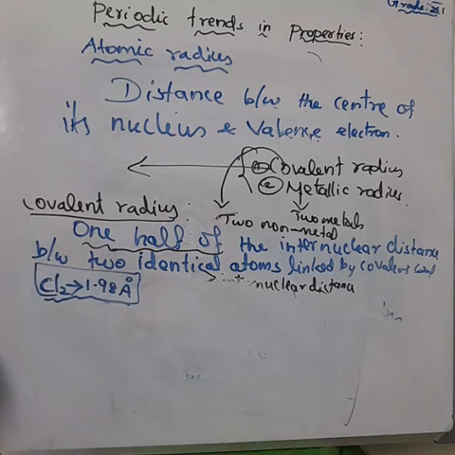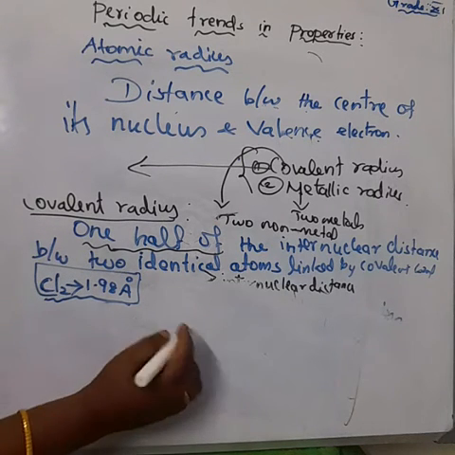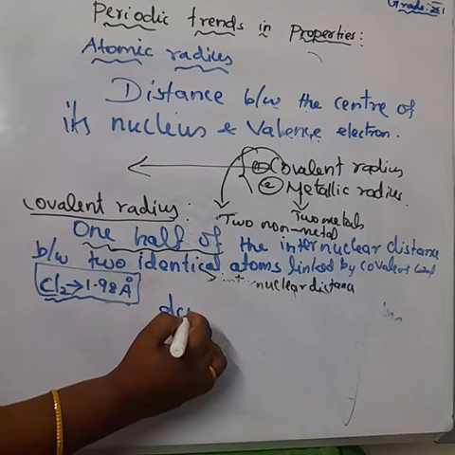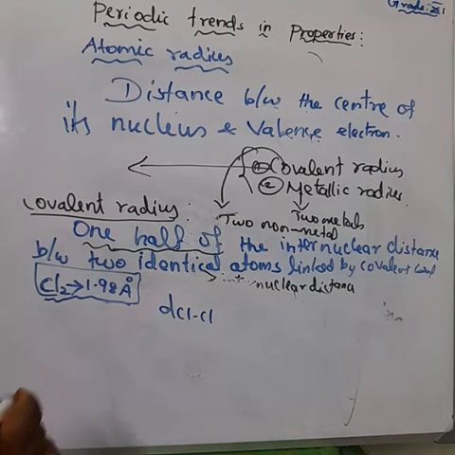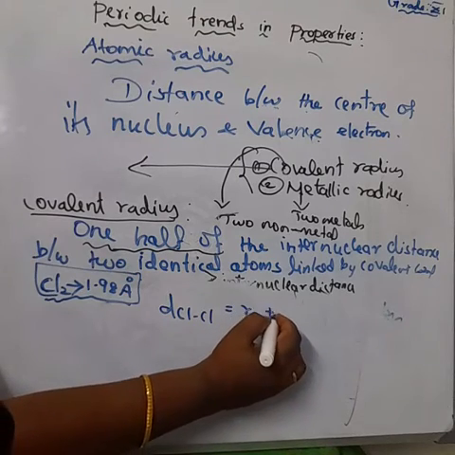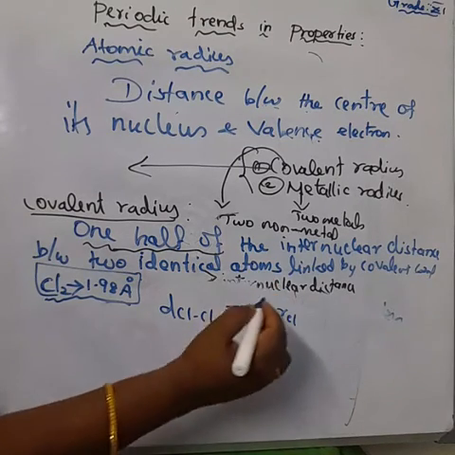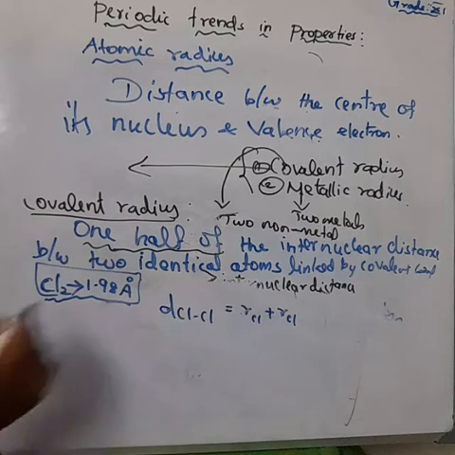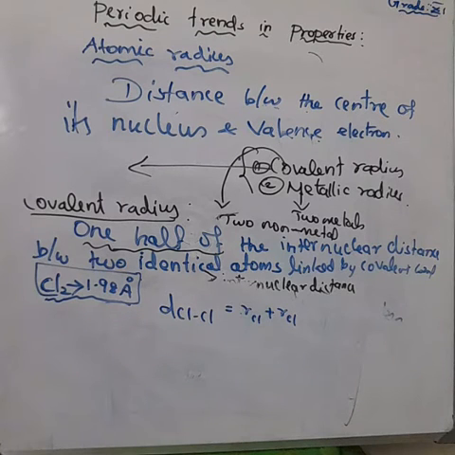How can you measure the covalent radius of chlorine? The internuclear distance between chlorine and chlorine is equal to R chlorine plus R chlorine, where R means the radius of chlorine.